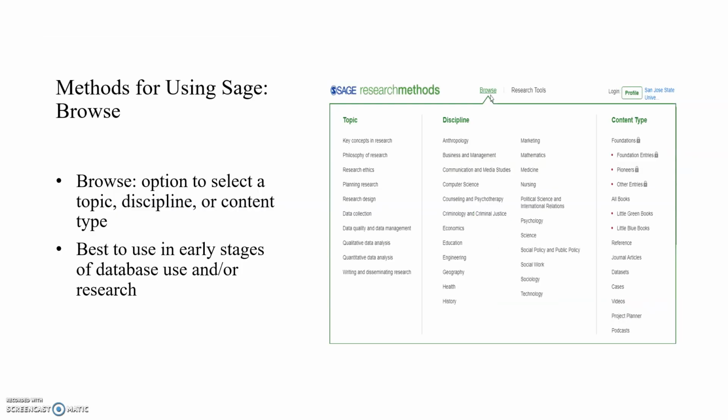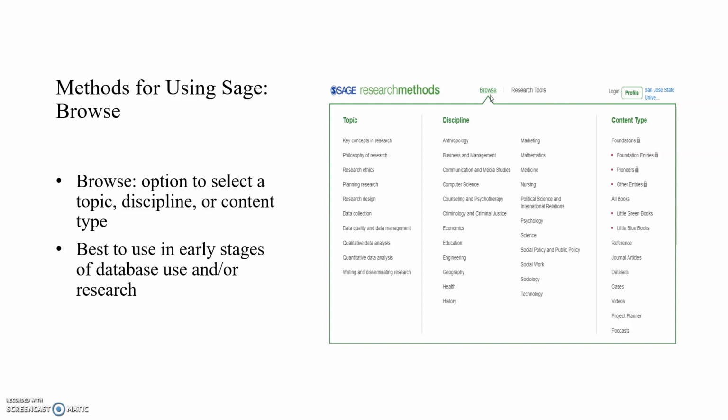Now, I'm going to go into the methods for how you can use SAGE Research Methods. So the first one is browse, and like the name implies, this allows you to sort of peruse through different parts. And there are three main categories that you can browse with. You have the option to either select the topic, the discipline, or the content type.